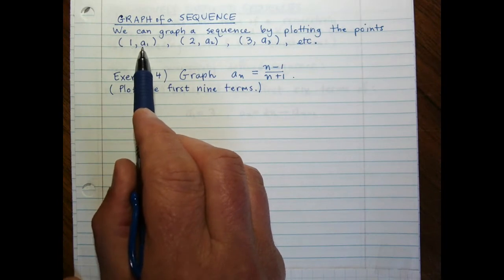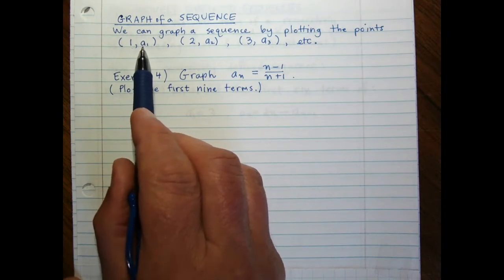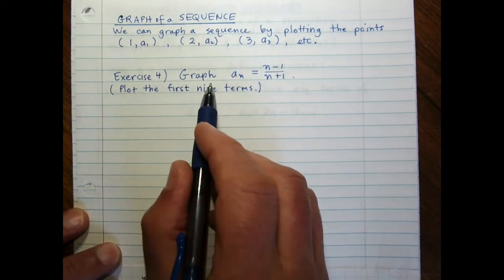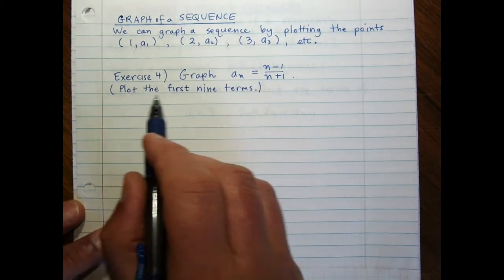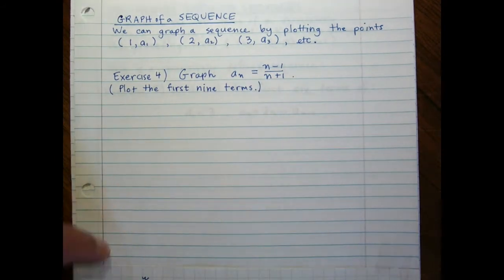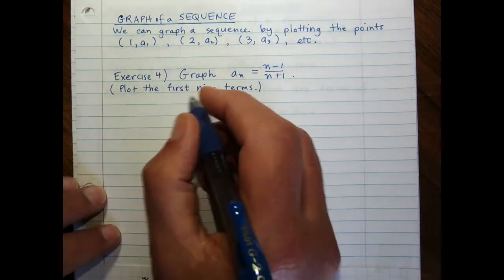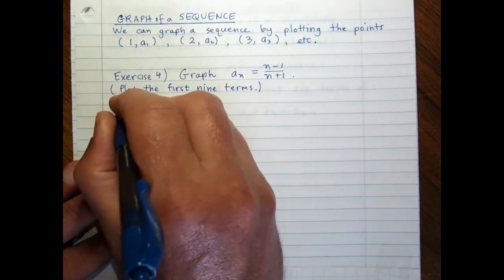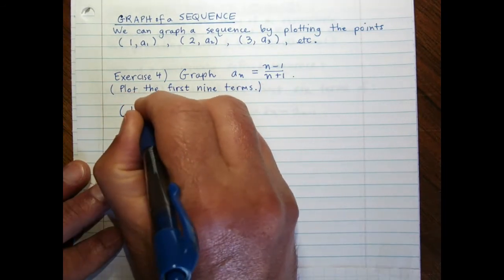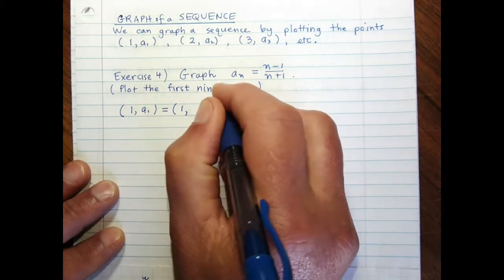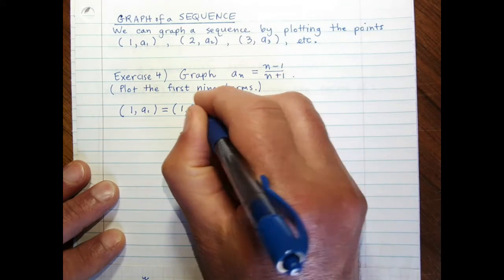So let's plot the first 9 terms of this sequence that we already calculated a bunch of, a sub n equals (n minus 1) over (n plus 1). The first point we're trying to find is (1, a sub 1). So that's (1, 0). We already figured out a sub 1. (2, a sub 2) is (2, 1/3).